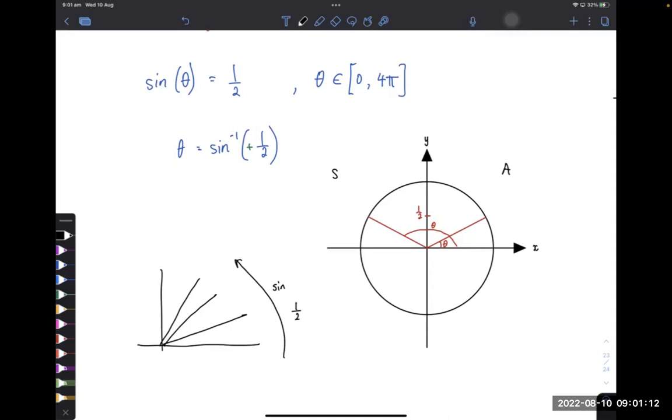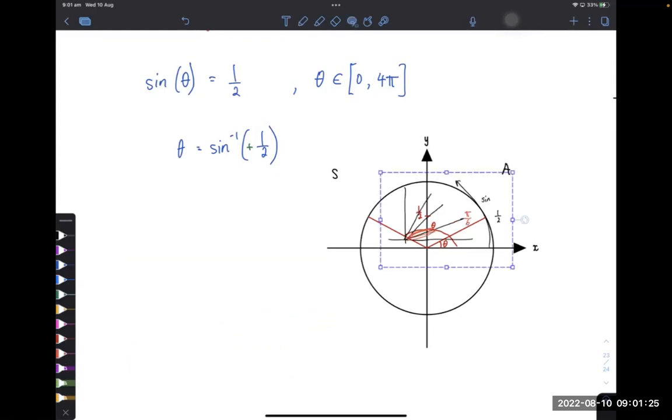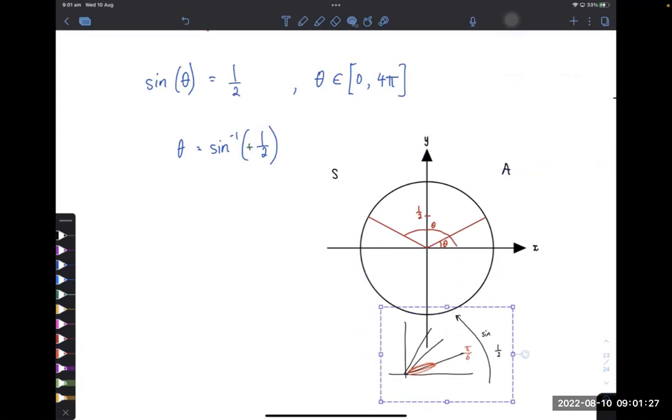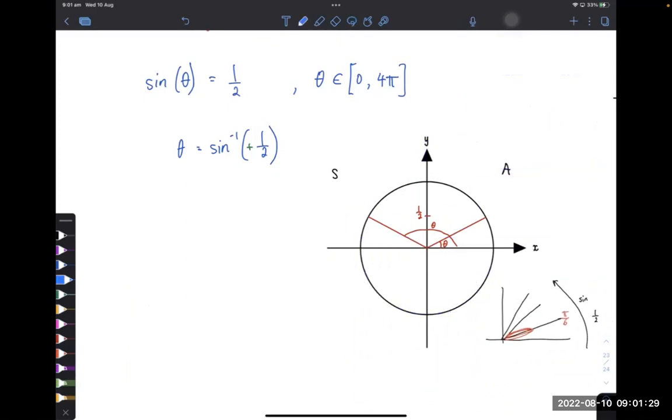So we're going to put down this finger here. Okay, which finger was this finger that we just put down? Pi on 6, correct. This is the answer here for your unit circle. Okay, so our angle is pi on 6. That's the finger that we put down.